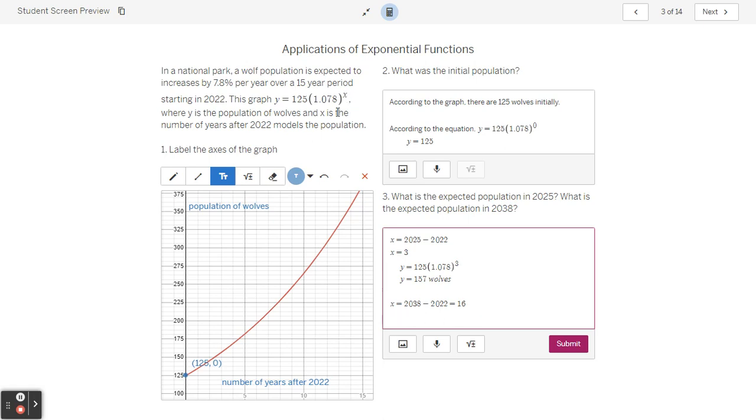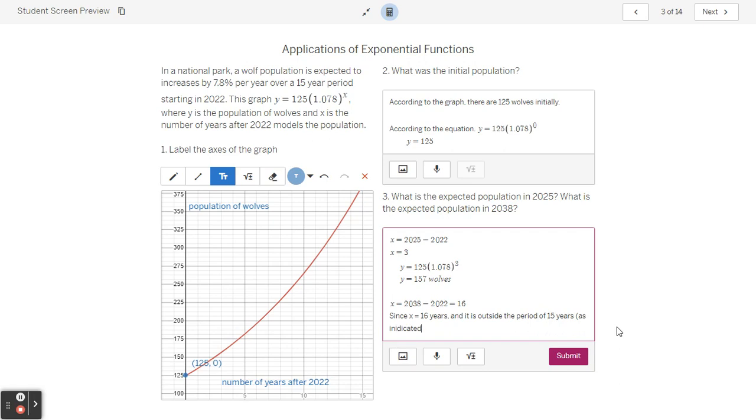It's going to give us a number, but perhaps the scientists who made the equation know that this equation only exists for 15 years because there are many things that can happen. So since x is equal to 16 years and it is outside the period of 15 years, we can't really say that this is valid.